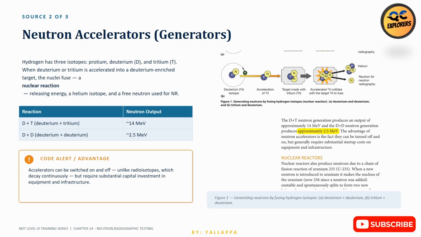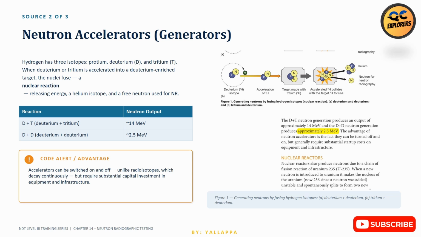When these nuclei collide under the proper conditions, they undergo nuclear fusion. Fusion releases a tremendous amount of energy. More importantly, for neutron radiography, it also releases a free neutron. There are two fusion reactions you should remember. The first is the deuterium-tritium reaction, commonly called the DT reaction.